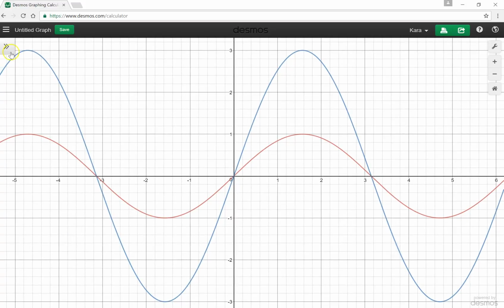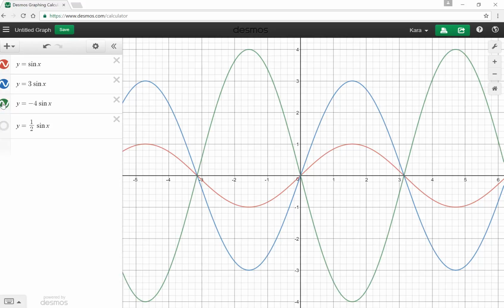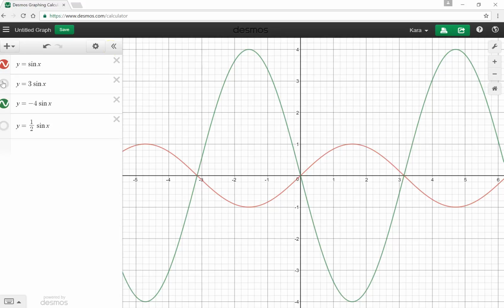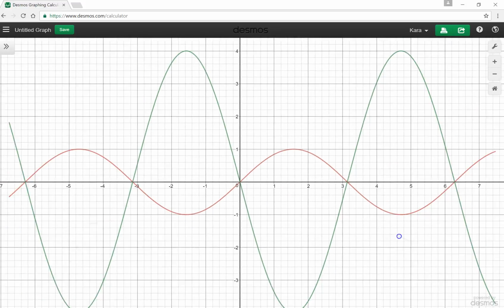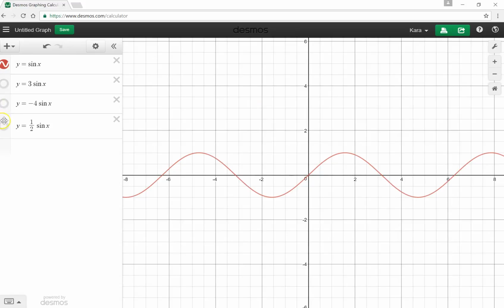Okay, so let's turn on another function. If I turn on negative 4 sine x, what does that do to my graph? If I turn the other one off, we're just going to compare back to the sine x parent function. My parent function's minimum value is negative 1, and its maximum value is positive 1. Now, not only is my minimum value negative 4 and my maximum value positive 4, but my whole graph somehow flipped upside down. Now, let's take a look at 1/2 sine x.